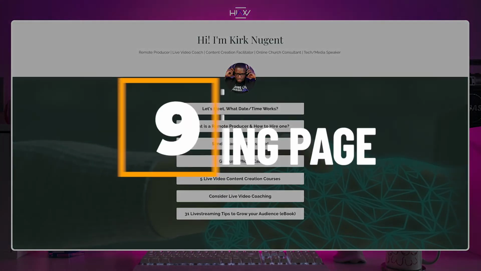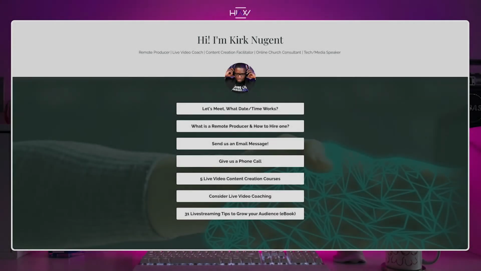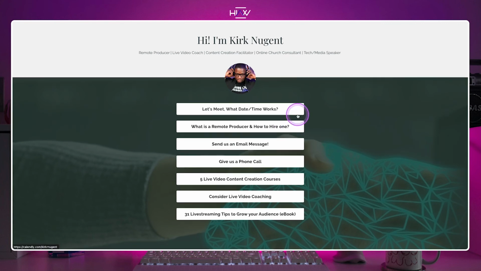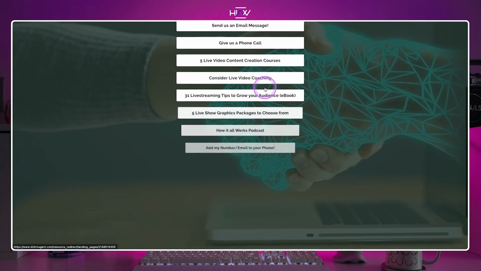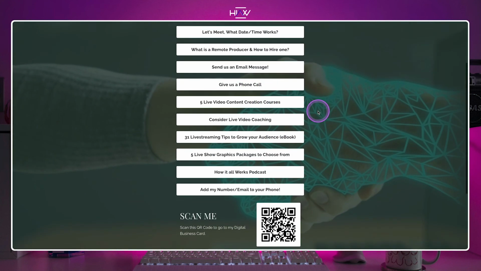Our ninth and final example is a Linktree landing page. Talk about creative. Like, who is this guy? Okay, it's me, all right. In a previous video, I showed you step-by-step how to set this all up. I have to admit, I didn't even know this was possible until I really looked at the definition of a landing page.